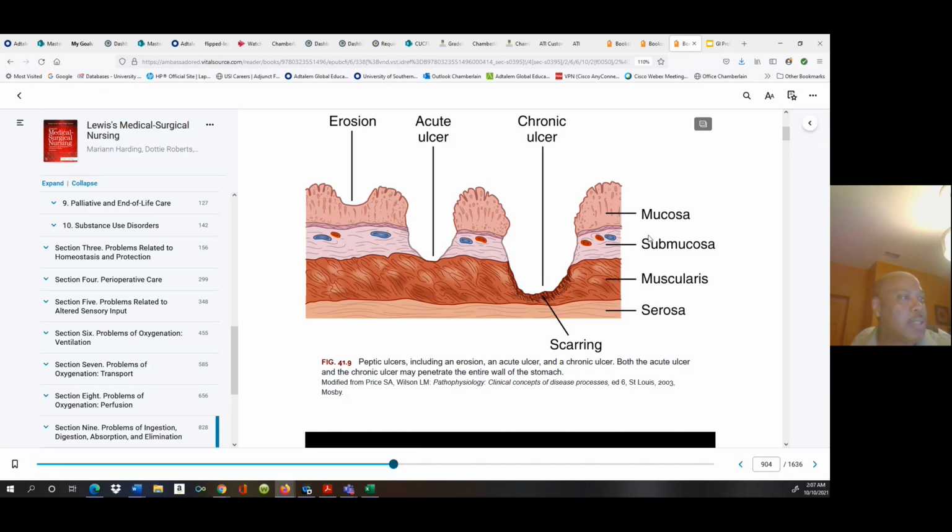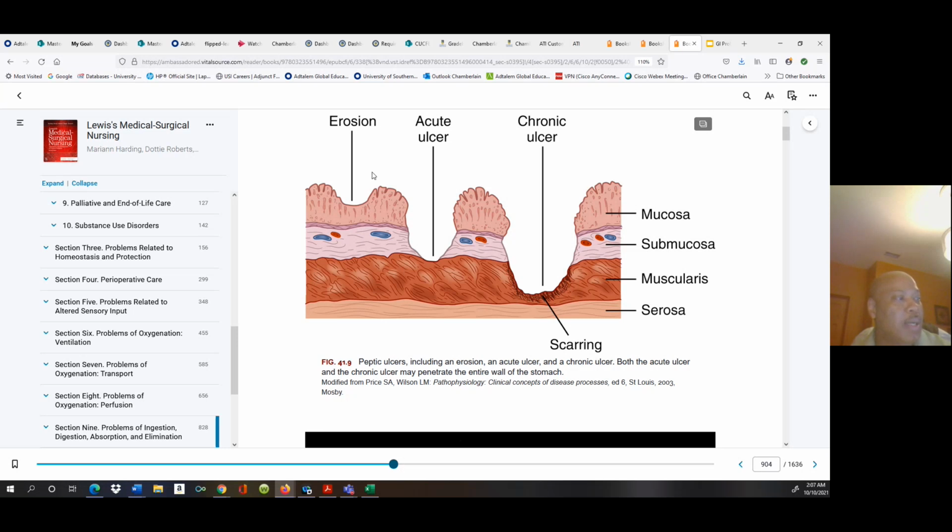If you take a look at page 904, figure 41.9, and I hope this is presenting, you can see the gastric mucosa here, and then you have the erosion because of the strong acids from the hydrochloric acid and the pepsin.